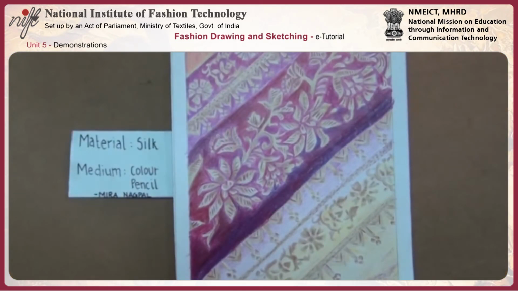Here you are watching a silk fabric that is rendered using color pencils. As you can see, this particular silk fabric seems to have a lot of intricate patterns woven into it.